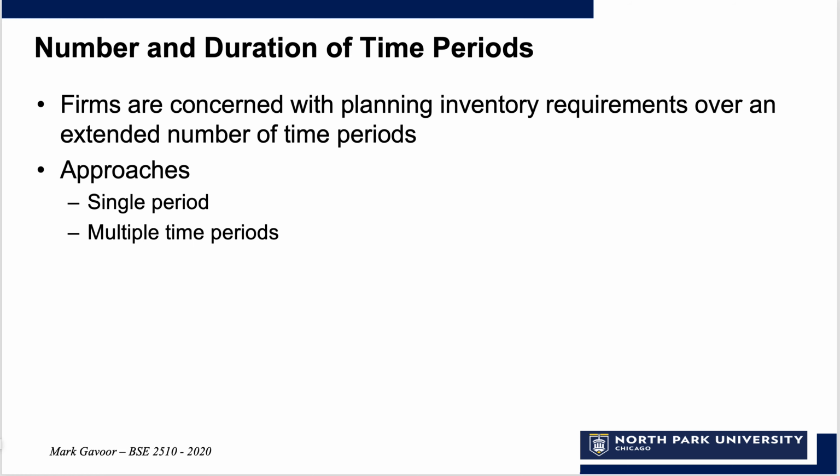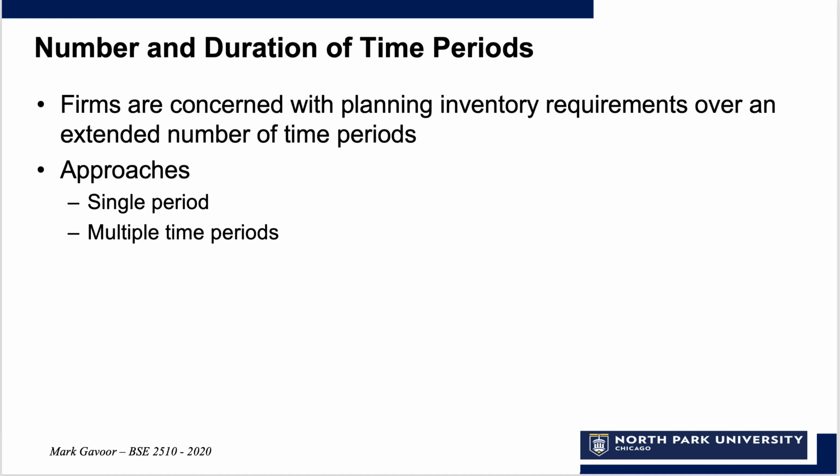Number of duration of time periods. Well, firms, as we talked about, plan their inventory over extended time periods. The most common time period over which we plan inventory, and I'm going to refer to autos, at the larger kind of a macro level in a company, is a month.